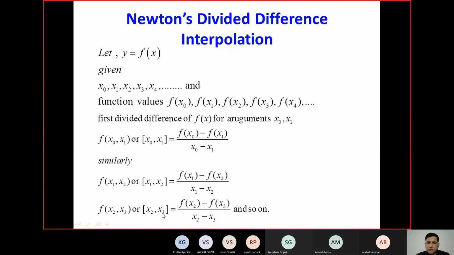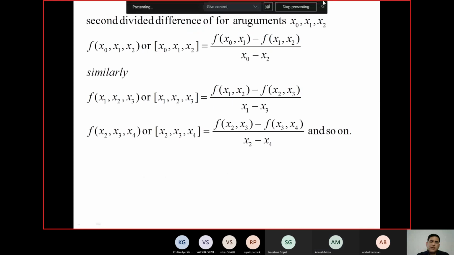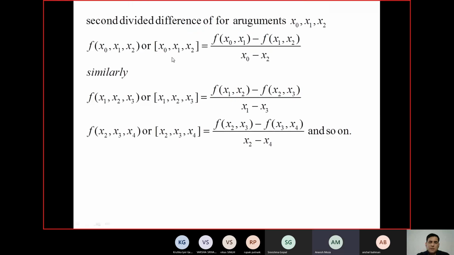Calculation wise it is not tough. Then you want to calculate the second divided difference. You have the first divided difference between points x0 and x1. Then you also have the first divided difference between points x1 and x2. Now you have moved from point x0 to x2, because x0 is your beginning point and x2 is the last point.